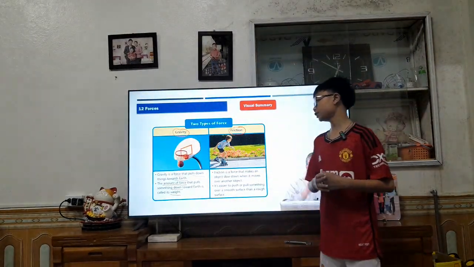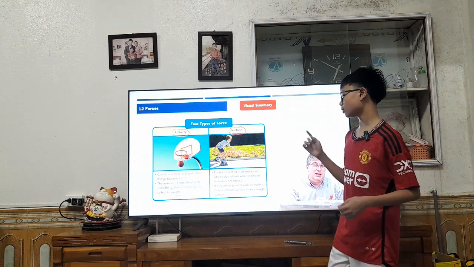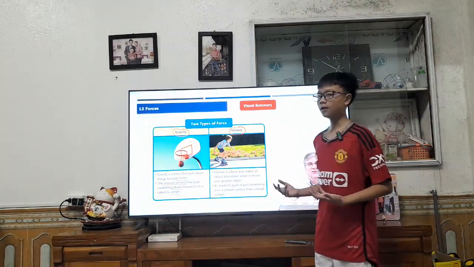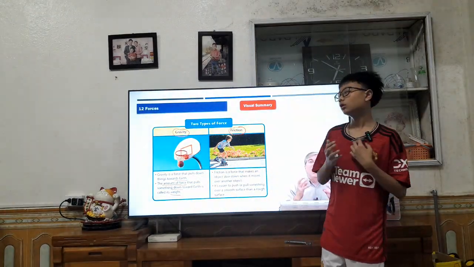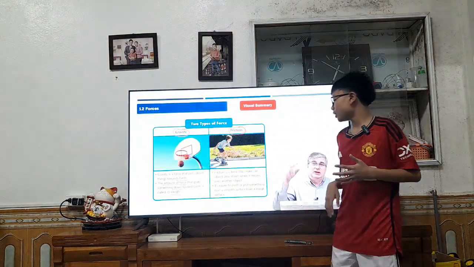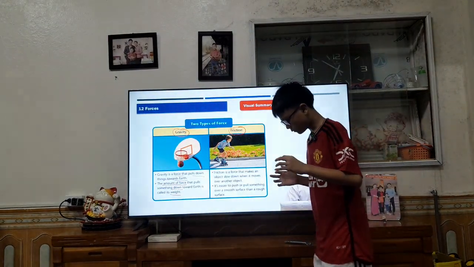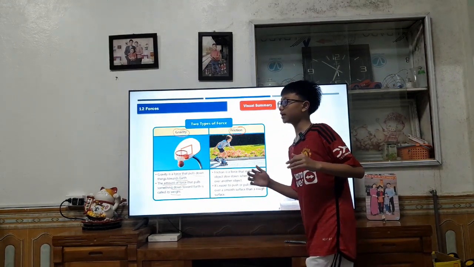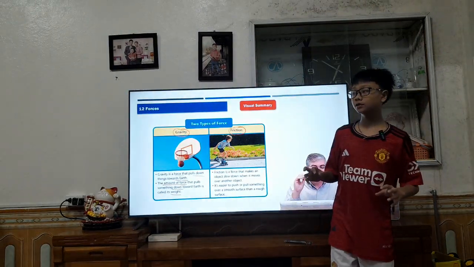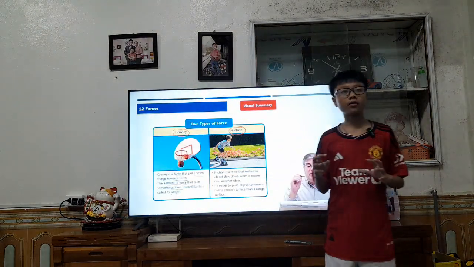And we talk about friction. Friction is a force that makes objects slow down when they move over another object. It's easier to push or pull something over a smooth surface than a rough surface. So what does this mean? According to the text, friction is a force. When we are walking, we use our feet to tap on the floor, and that makes friction. Sometimes friction is very big, and that makes burning or electricity.